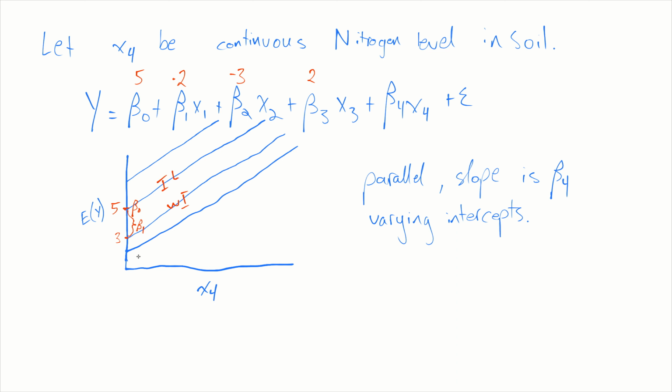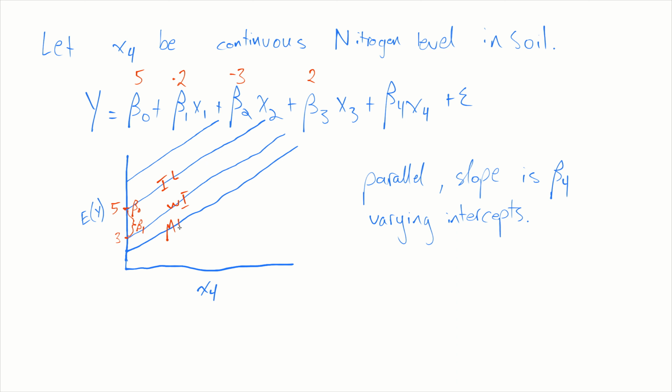So let's do this one: x2 is 1, where x2 is 1 and x1 is 0 and x3 is 0. That's the Minnesota case. So beta 2 is the difference between the intercept for Illinois and Minnesota. So it's 5 plus -3. The intercept for Minnesota is 3 less than the intercept for Illinois.